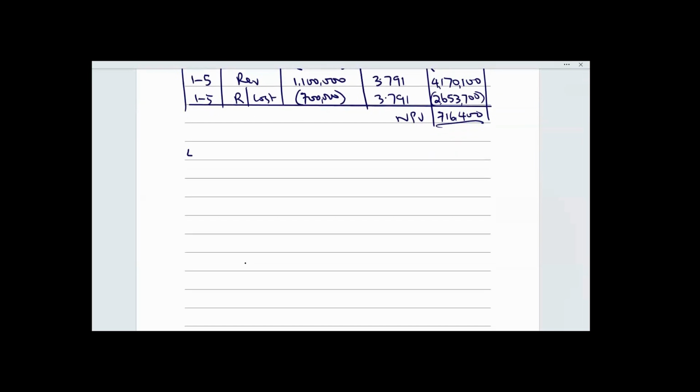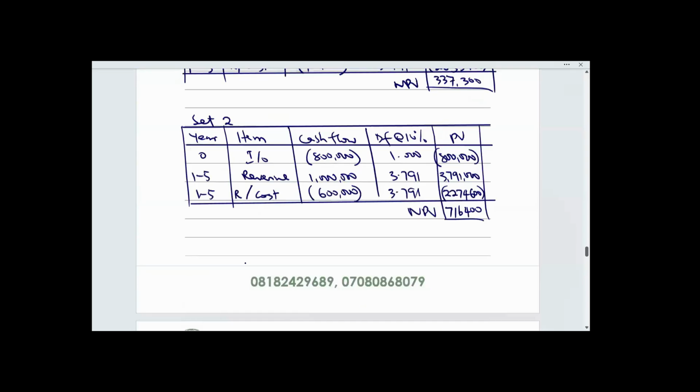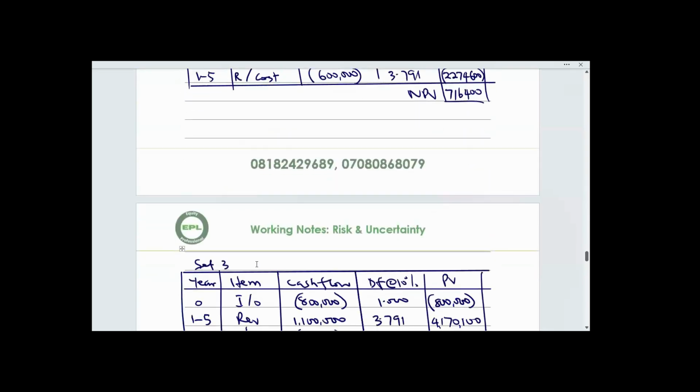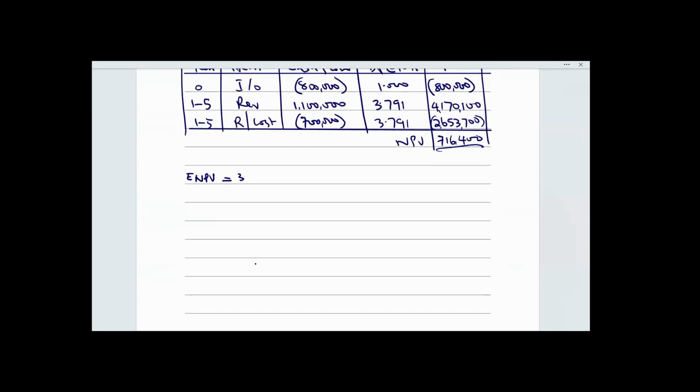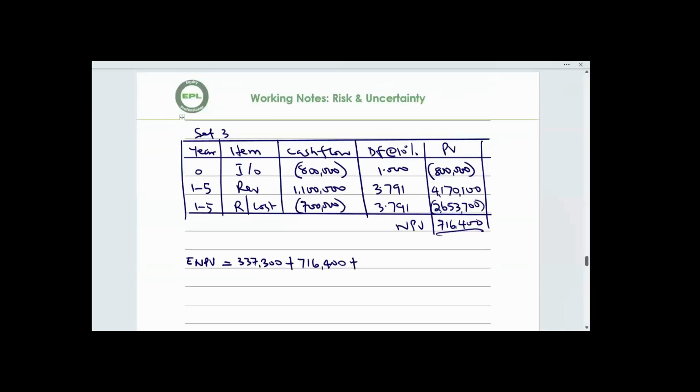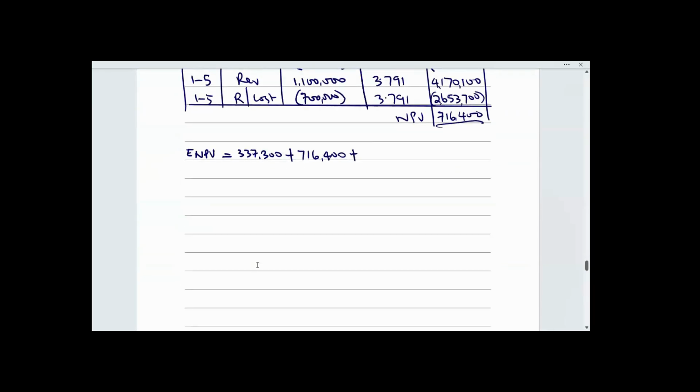So I would say expected net present value equals the first NPV we calculated, 337,300, plus the second NPV 716,400, plus the third NPV 716,400. We added 3 variables together, so you divide by 3 to get the average.